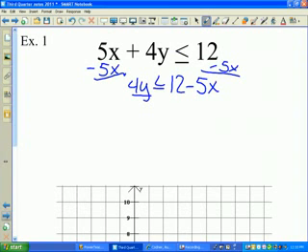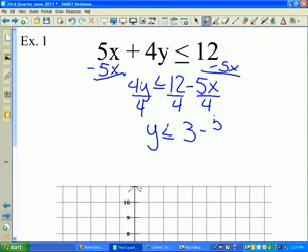Remember, you can't combine those. Now I need to divide everything by 4. Since I'm dividing by a positive number, the sign does not change. You're probably saying to yourself, why is she leaving it as a fraction? Remember, the coefficient, the number in front of my x, is my slope.